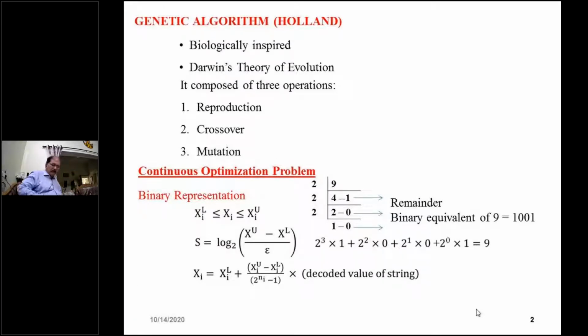So first we will talk about the genetic algorithm, and I shall give a basic idea in the continuous format of the genetic algorithm. Then we shall come to the combinatorial type of the genetic algorithm. You may have some idea of the genetic algorithm. Genetic algorithm is based on Darwin's theory, that is, survival of the fittest.